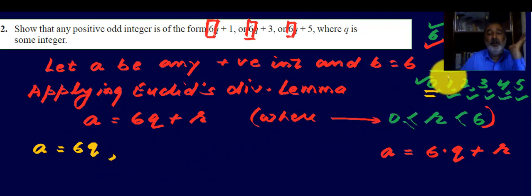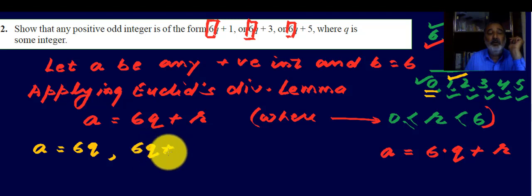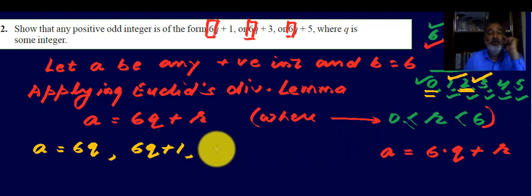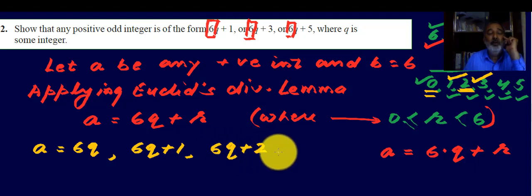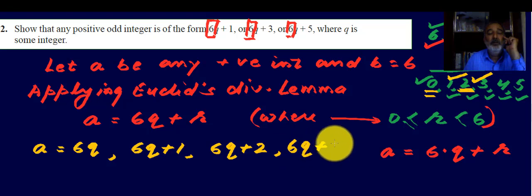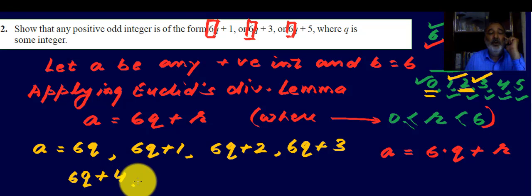Now I am taking r as 1. Then what will be the value of a? 6q plus 1. If I repeat this process by taking remainder equal to 2, then it will become 6q plus 2 and so on. 6q plus 3, 6q plus 4 and 6q plus 5.